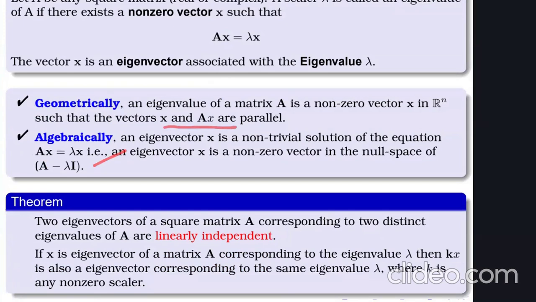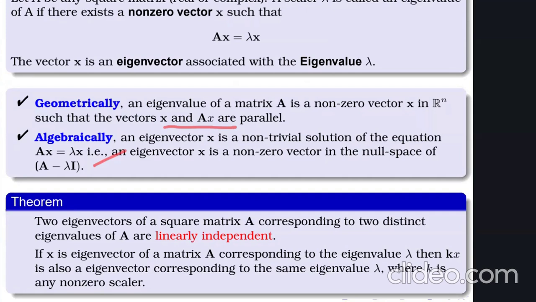There are multiple theorems on eigenvalue and eigenvector which show various properties. For everything there is a proof, but due to lack of time, I can't go into the proofs. But there are two important properties we have to keep in mind.